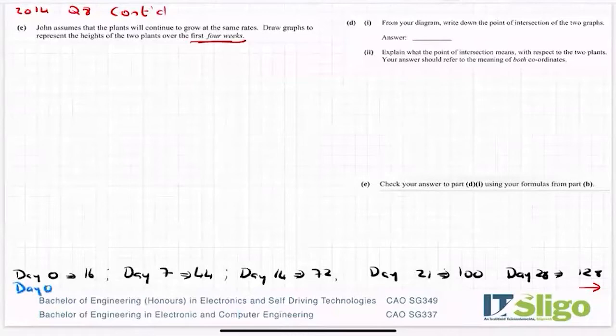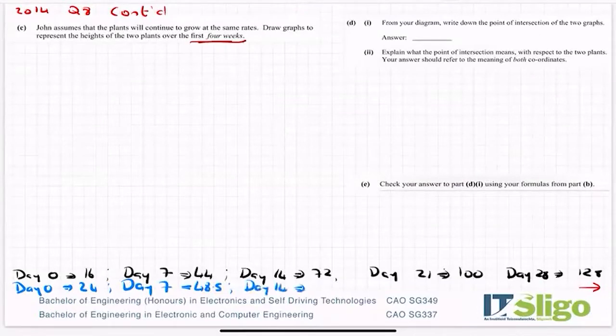And the second flower at day 0, I would be 24. At day 7, I would be 48.5. At day 14, for this one, I would be 24 plus 3.5 times 14, 73. At day 21, for that flower, I would be 24 plus 3.5 times 21, 97.5.